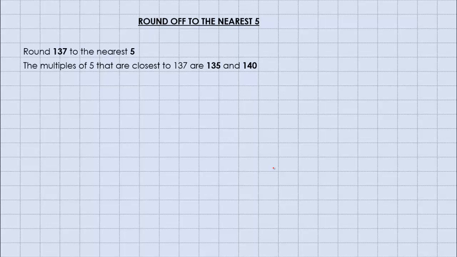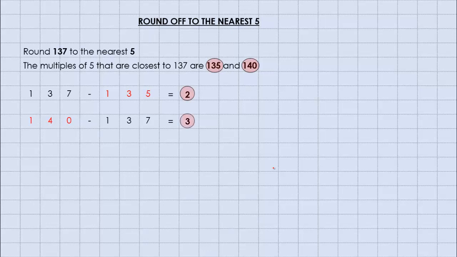Here we are looking at 135 and 140, and we want to compare which number is closest to 137. Out of those two numbers, if we subtract 135 from 137, we get 2. And 137 from 140, we get 3.